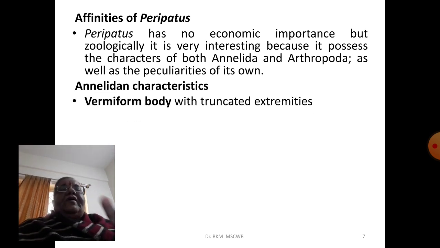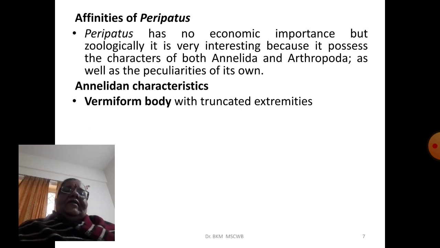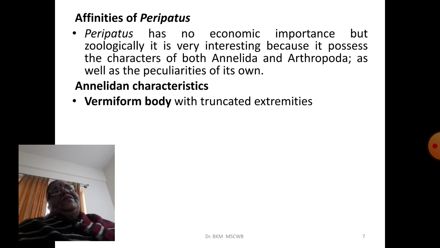Now we shall talk about annelidan characters. You have studied few annelids in your previous sem like Nereis, Heteronereis, Aphrodite, earthworm, leech, like that. You have seen that they are all worm-like creatures, what we say vermiform body.